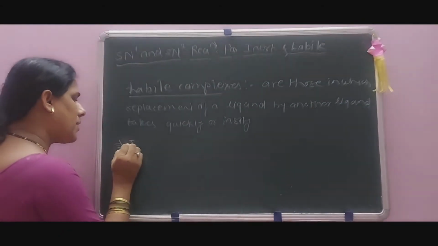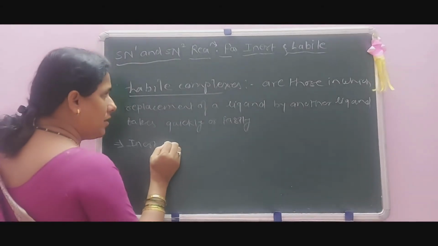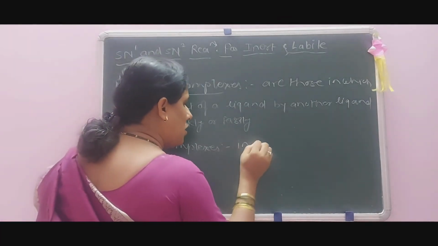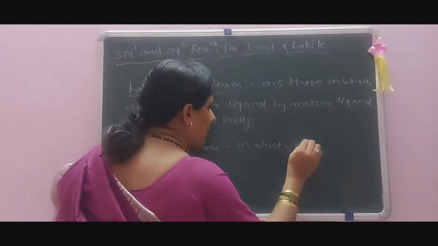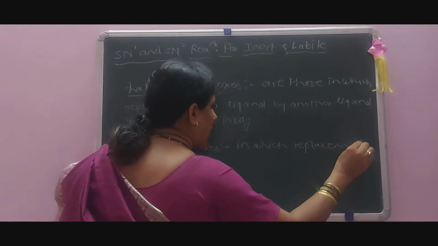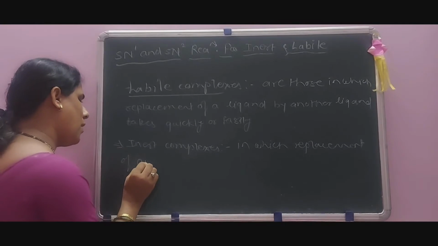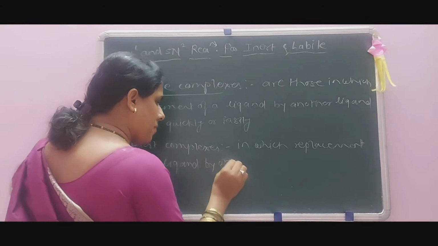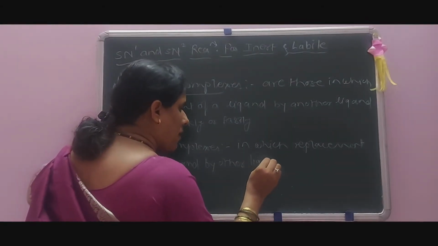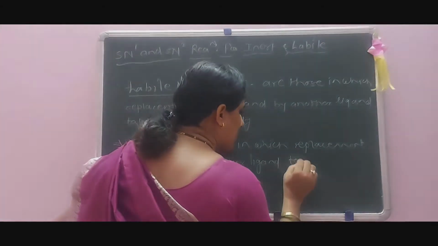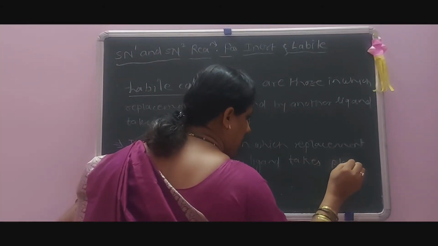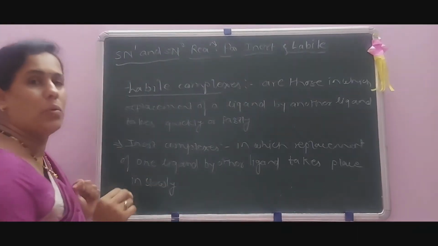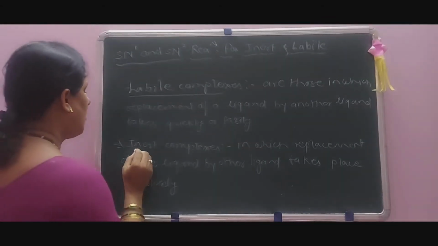And what are the inert complexes? The opposite definition. Inert complexes are those in which replacement of one ligand by another ligand takes place slowly. Now we have the definitions.